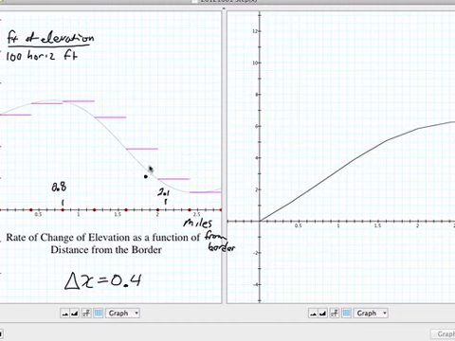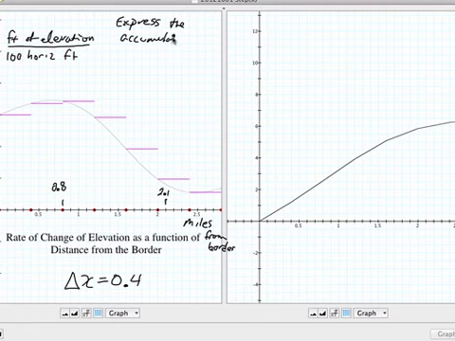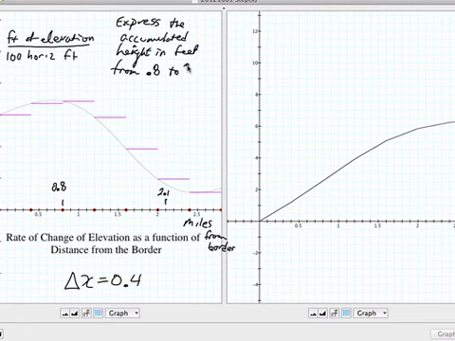Okay? So what did I just say? Express the accumulated height in feet on the highway from 0.8 miles to 2.1 miles from the border, and express it in two ways.